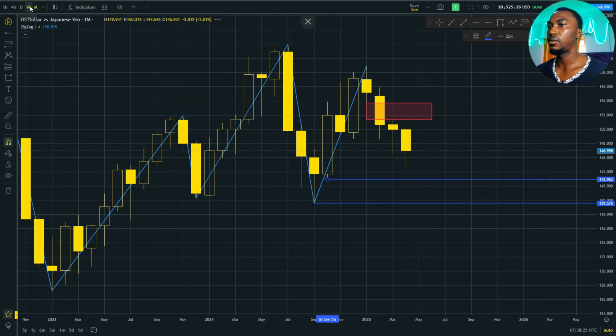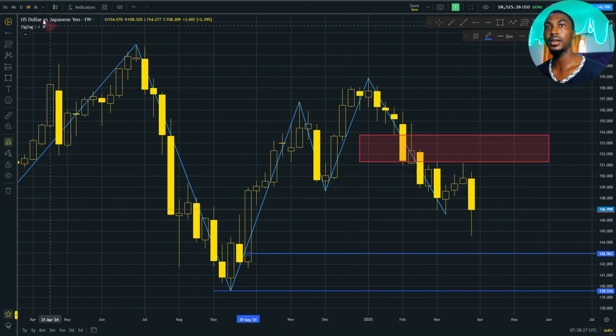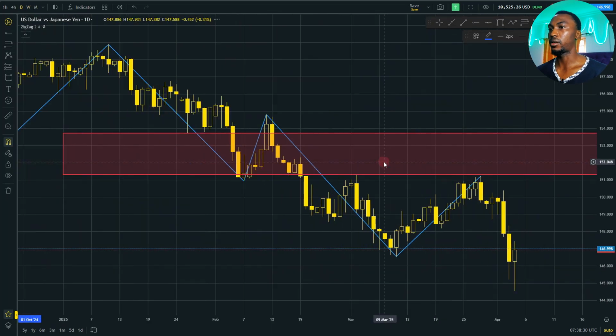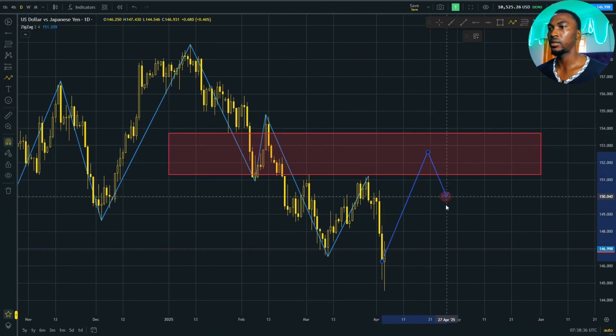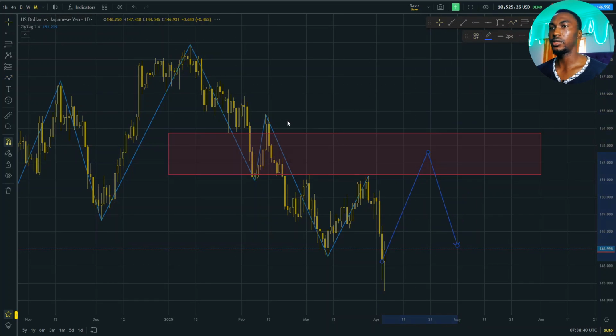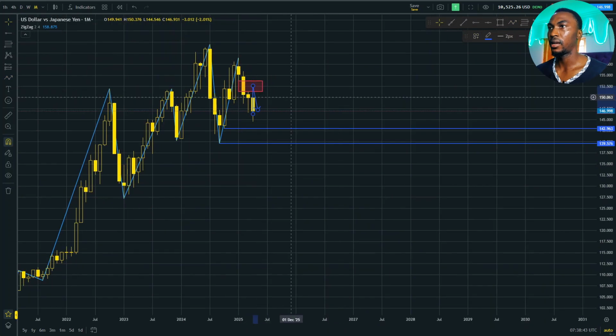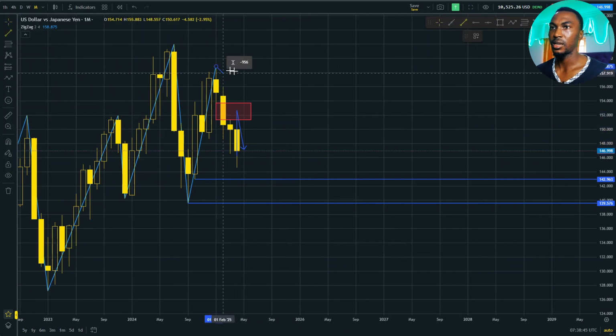And then if you look at it on the monthly, right? That's the monthly. So on the weekly, on the daily, basically, we're waiting to see if price is going to make its way back into this point, give us a sharp turn, and then move out. Not just into this point, right? We're waiting to see if price makes its way in here, but never crosses this place.